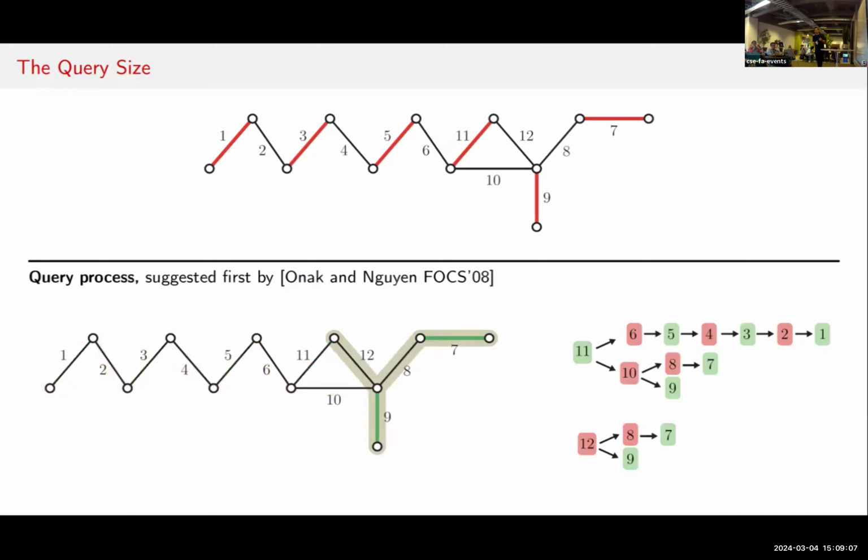Now if I query edge 12, the moment that it queries 9, it sees that 9 is part of the matching. So we won't actually query 11 or 10. So the size of this subgraph that we explore is going to be much, much smaller for 12. So now the question is, what's really the typical size of this? Maybe if we randomize this permutation over the edges and pick the starting vertex at random.